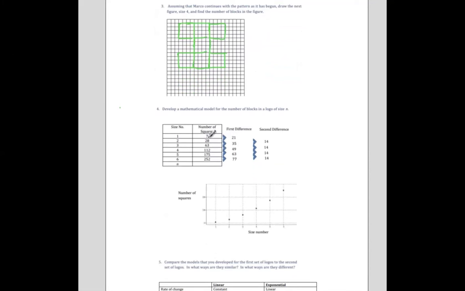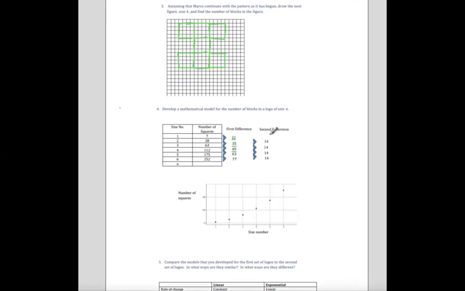But if you look here, the difference between these, 21. The difference between these, 35. The difference between these, 49. The difference between these, 63, and so on and so forth. They're not the same, which means it can't be linear. So I took it one step further. I knew there was a pattern, and I knew I was dealing with a whole bunch of squares, which kind of hinted me toward a quadratic because it's n by n.